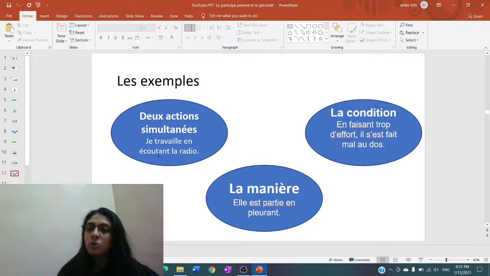Then next is la condition. En faisant trop d'efforts, il s'est fait mal au dos. Means by doing too much effort, he got his back hurt.